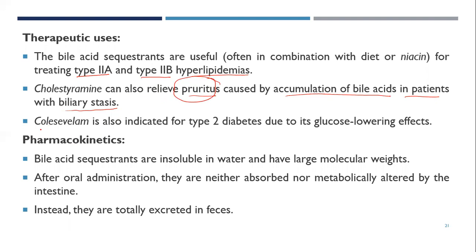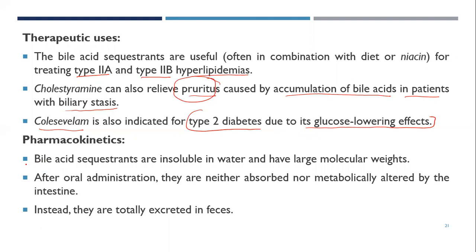Okay, so colesevelam is also indicated for type 2 diabetes due to its glucose lowering effects. So apart from the lipid lowering effects, it has glucose lowering effects also. So a diabetic person with increased cholesterol levels, this drug is an ideal candidate.